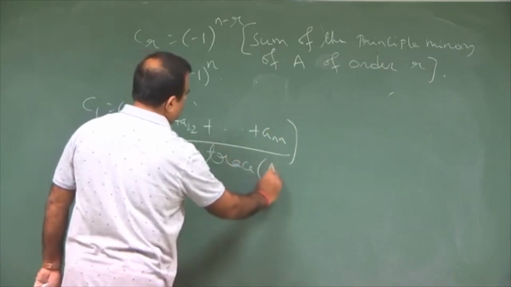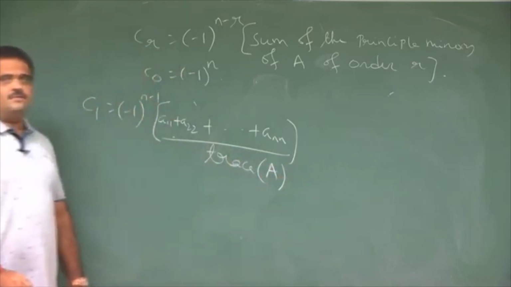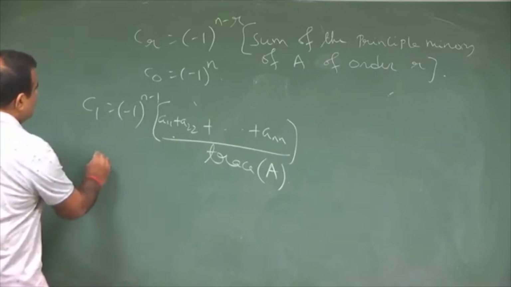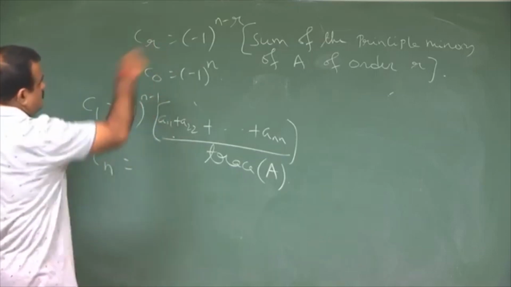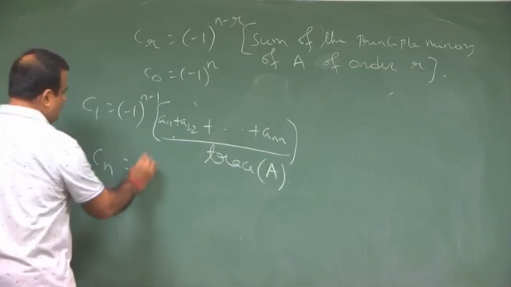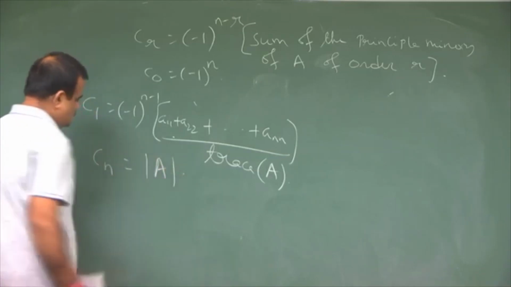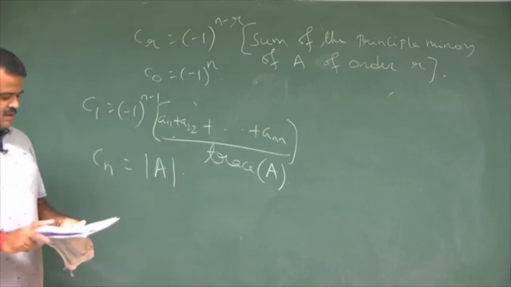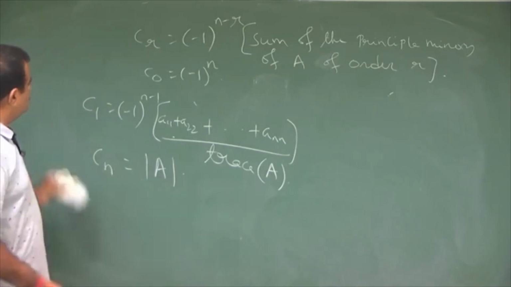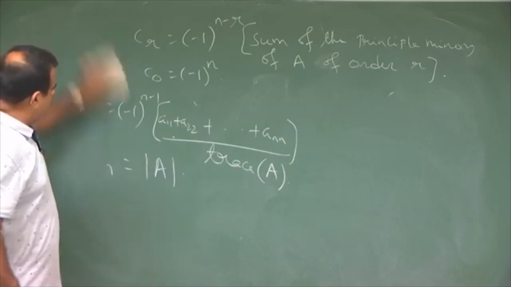The sum of the diagonal elements is called the trace. And what is cn? Its sign factor becomes 0 exponent, and the principal minor of order n is the determinant of A itself. So these are the coefficients of the characteristic polynomial.